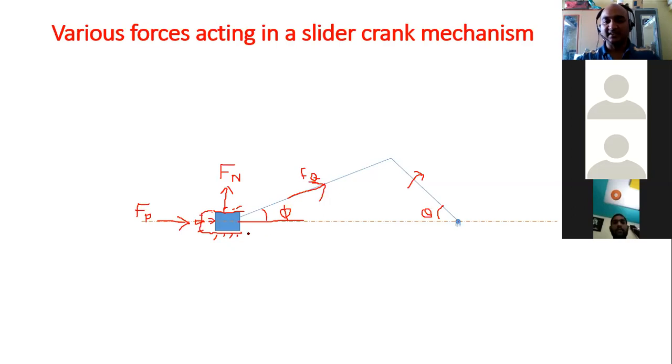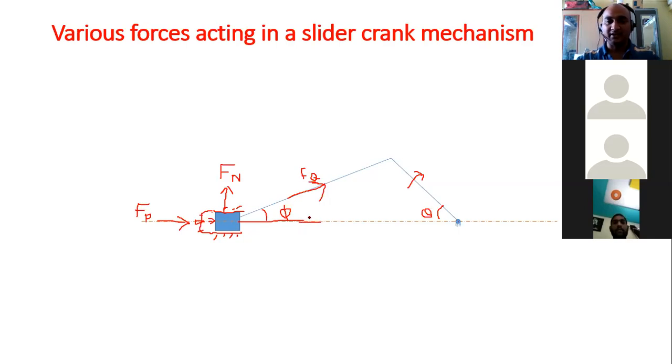When a mass is accelerating, it possesses inertia force. Always remember, when a mass is reciprocating along a certain line, it will definitely possess the inertia force.